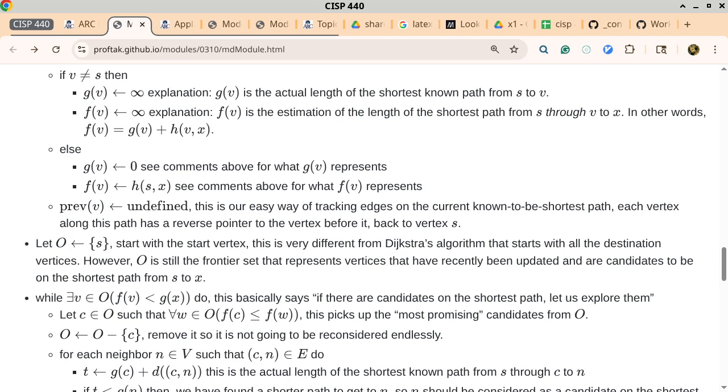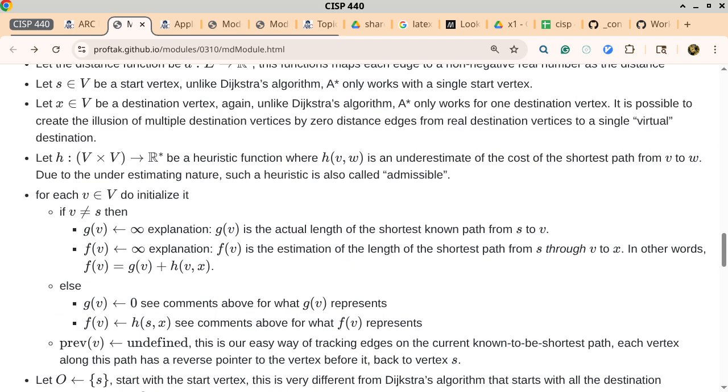So now we also have another function called prev, or previous. Look at this as a reverse pointer, okay? Because we want to find the actual shortest path, not only the length of the shortest path, but we want to identify the shortest path. So previous is basically saying, once we get to the destination, how do we figure out the path back to the starting point, so that we can spell out the actual shortest path?